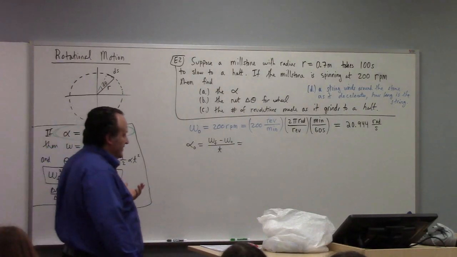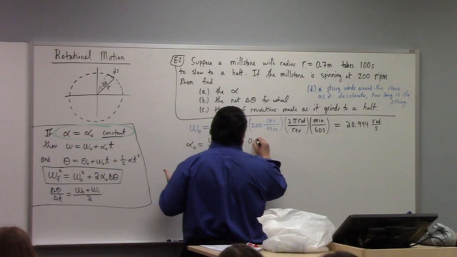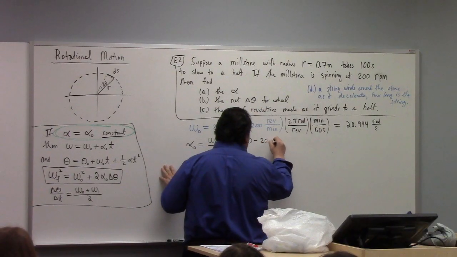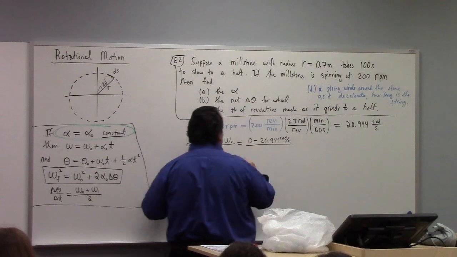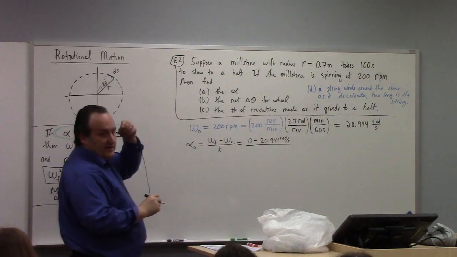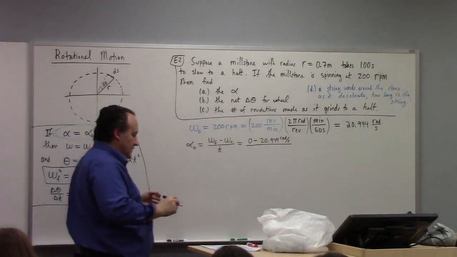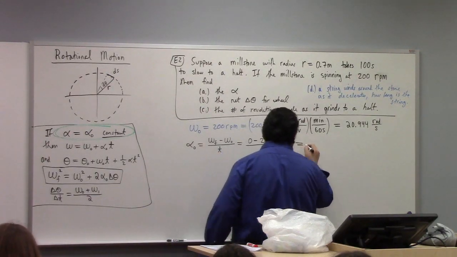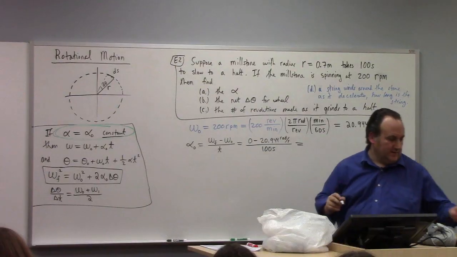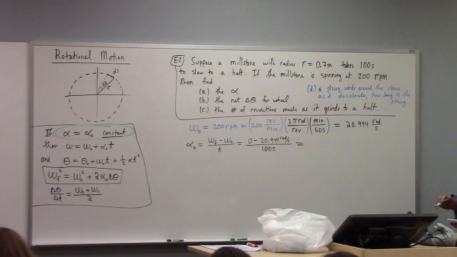It stops. So we've got 0 minus 20.944 radians per second. And how much time did that take? I think we said it took 100 seconds, right? So that gives me a negative angular acceleration, which I think makes sense because it's slowing down, right?